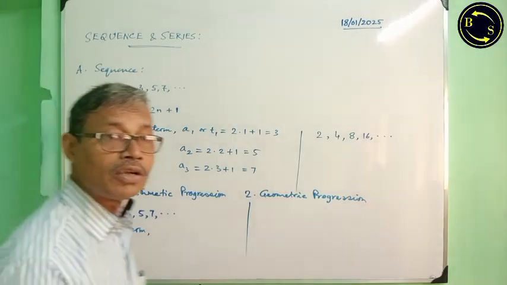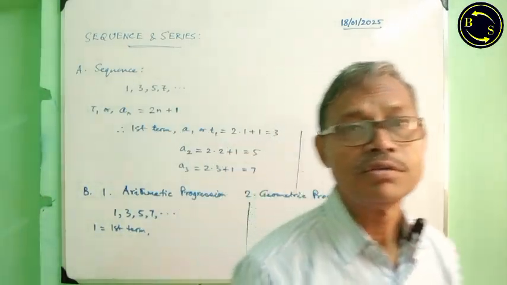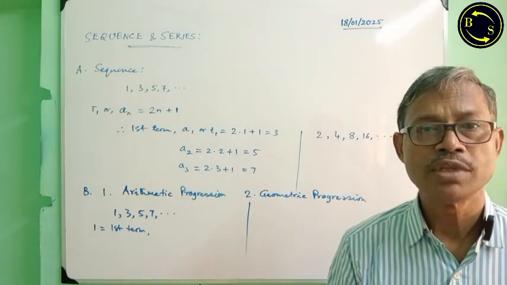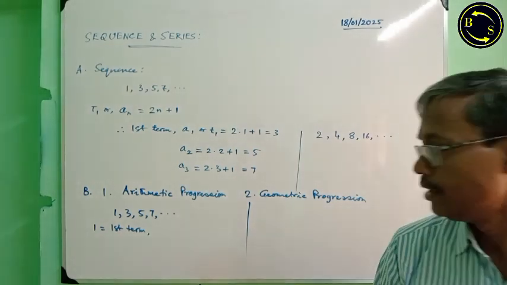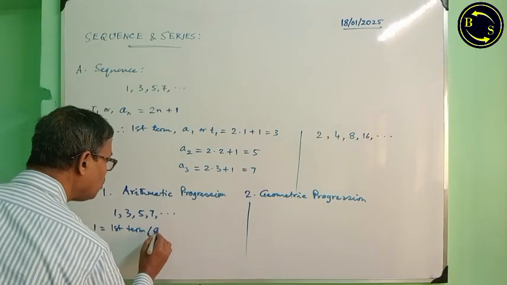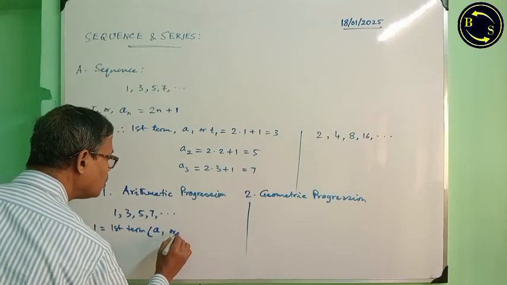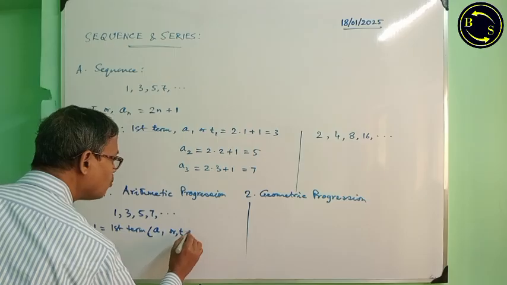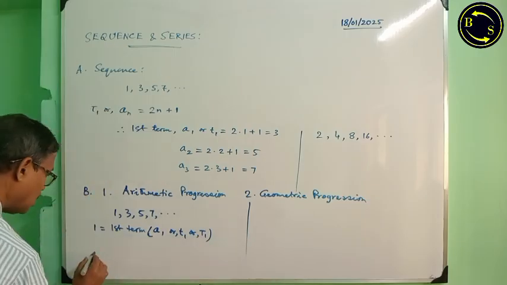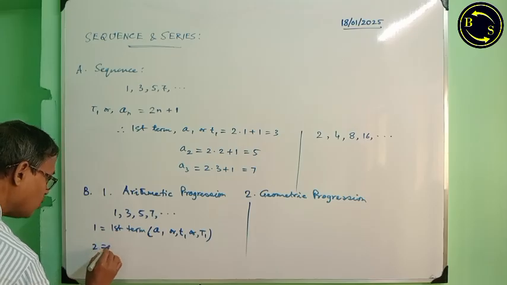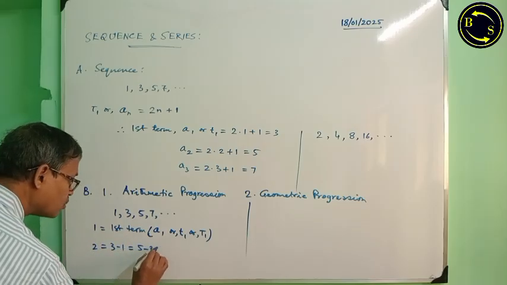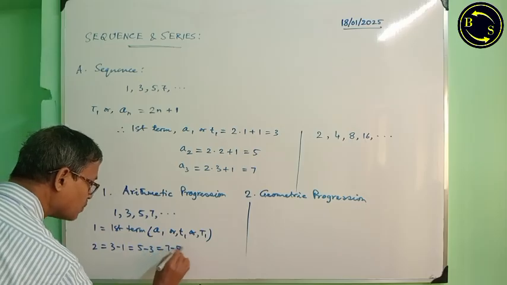That constant difference is called the common difference, denoted by the symbol C.D. or simply d. And the first term is denoted by the symbol A1, or some write small t1, or some write capital T1. 2 is equal to 3 minus 1, 5 minus 3, 7 minus 5.